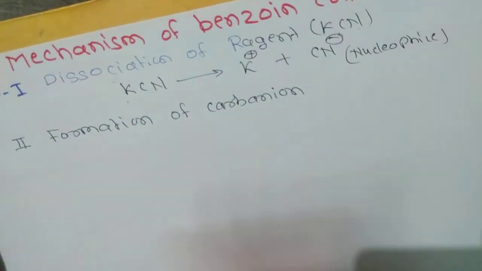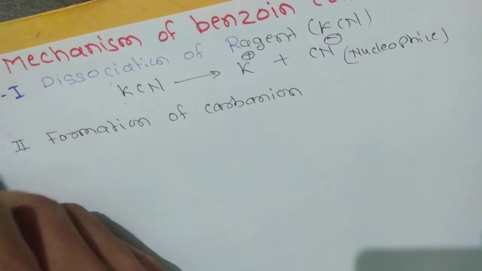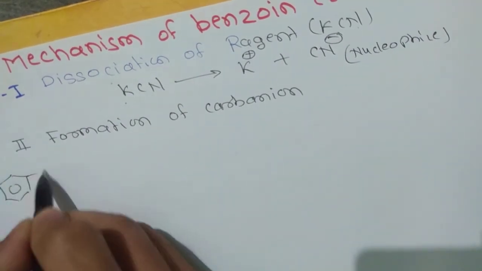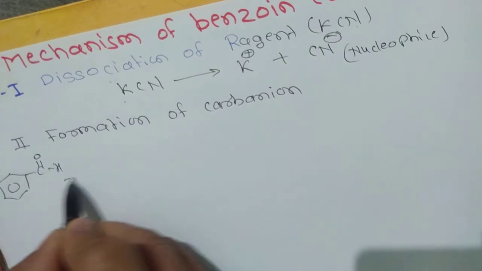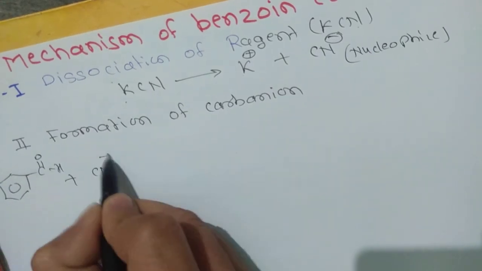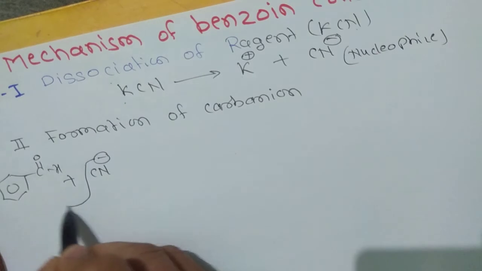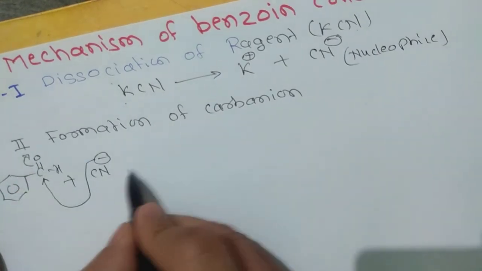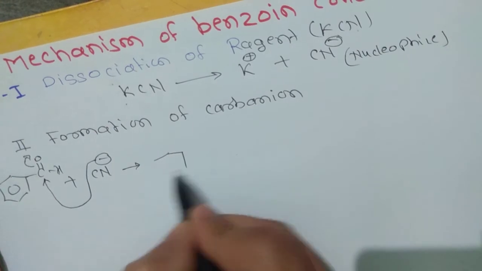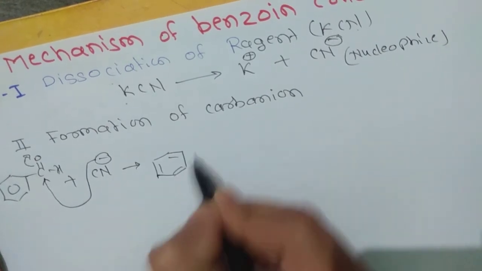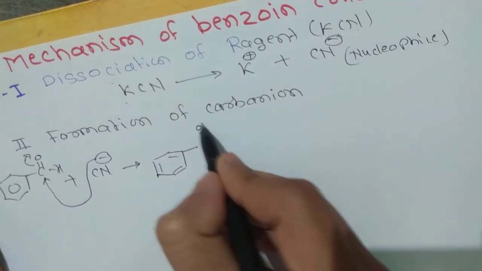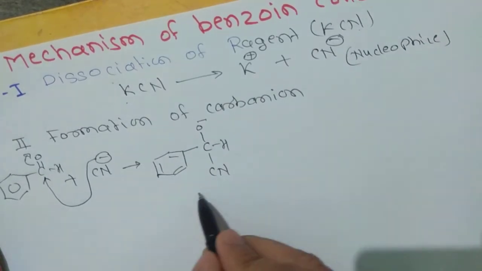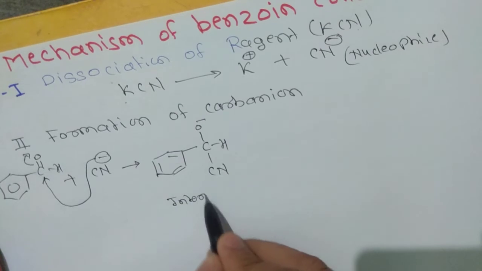In step second, the benzaldehyde molecule reacts with the cyanide. The nucleophile attacks the carbonyl carbon of the benzaldehyde to form an intermediate. See here, this is the intermediate: C, O minus, H and the cyanide ion. This is the first intermediate.